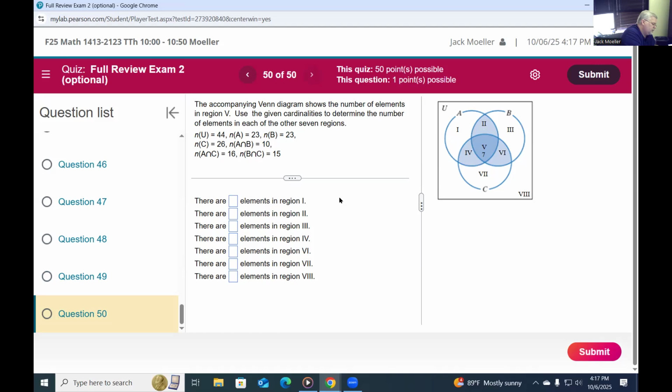Intersection of A and C, 16. Intersection of B and C is 15. And they tell us the middle is region 7. So notice here on the questions, to answer this question, you have to fill out the Venn diagram. Okay. Let's go to the document camera and do that.